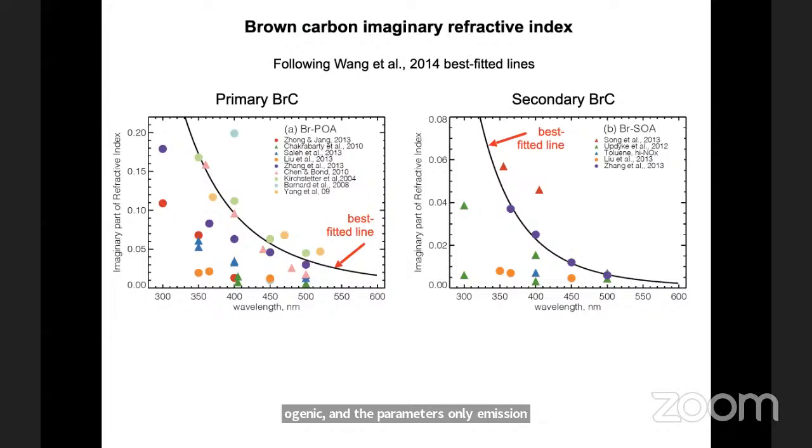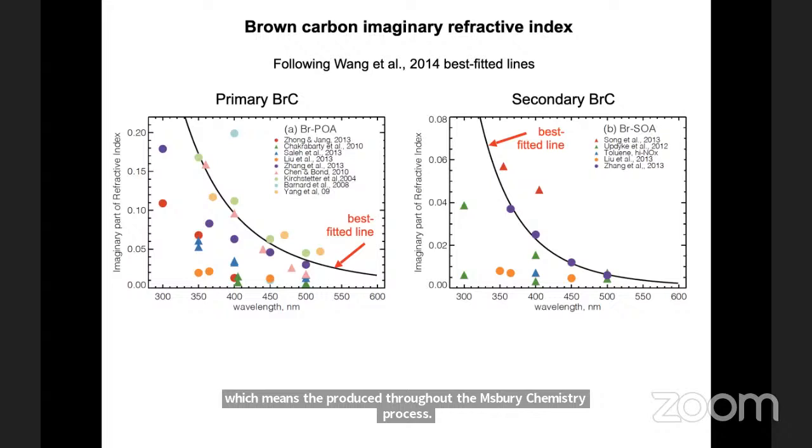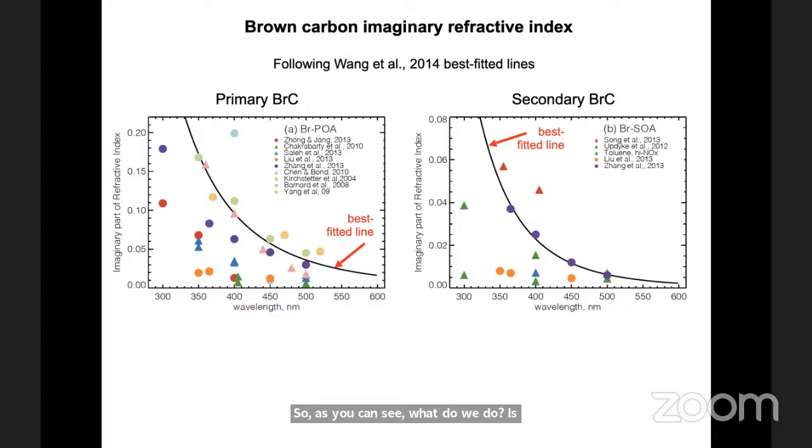Secondary, which means produced through atmospheric chemistry processes. As you can see, we follow the previous study to use the best fitted line for the wavelength dependent imaginary part of the refractive index for both primary brown carbon and secondary brown carbon, based on previous compilations of other valid observations.